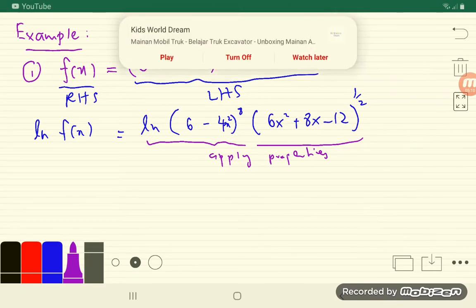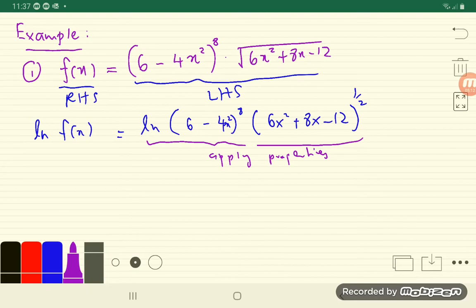the first property, where you have ln a times b. Let me put ln f(x). You can change it into ln y, because f(x) is the value of y, equals to, this one you can refer to the formula of ln a dot b, which you can change to ln a plus ln b.